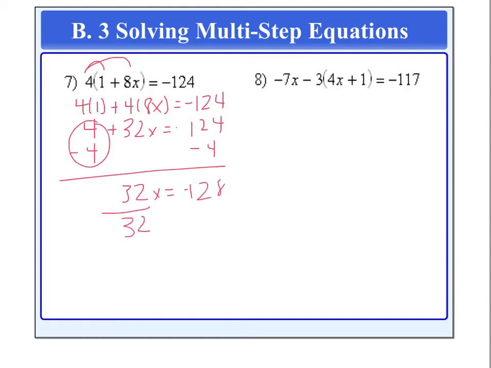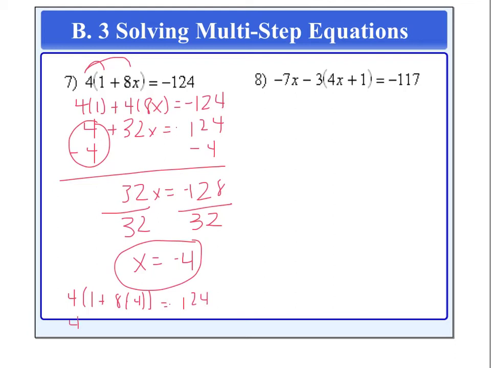Divide by 32, and we get x equals negative 4. Plug it in. 4 times 1 plus 8 times negative 4 equals negative 124. 4 times 1 plus negative 32, which is 4 times negative 31, which is negative 124.